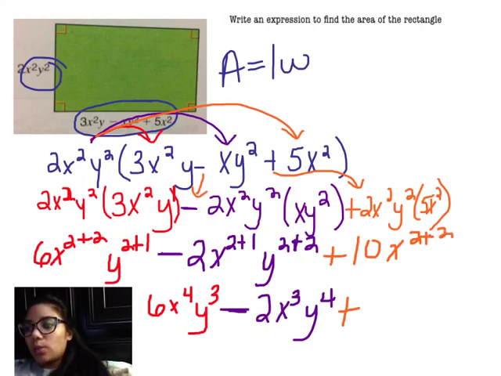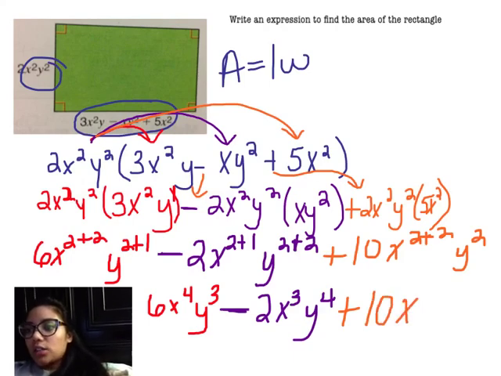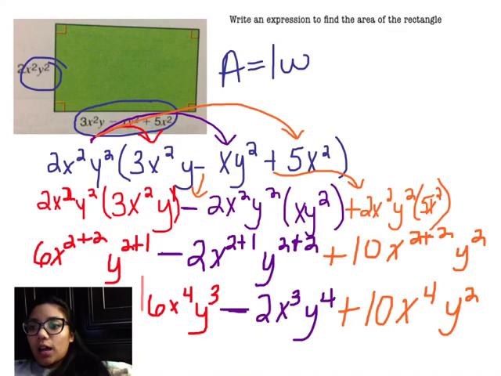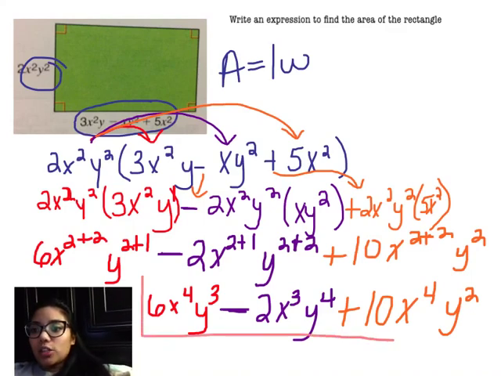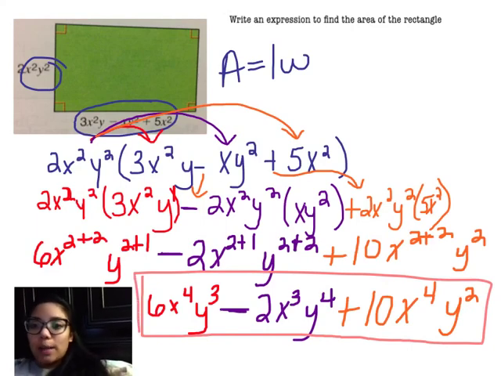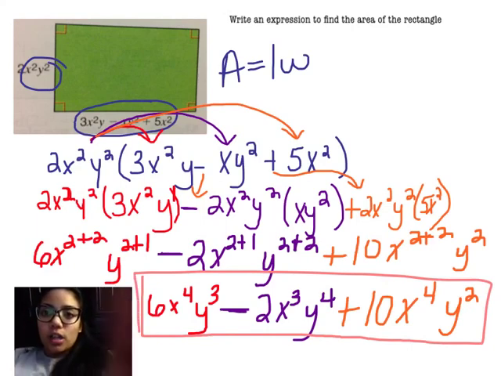And then y squared, because there's no y in the 5x squared. So now I have 10x, 2 plus 2 is 4, y squared. So that is my answer. I can't combine like terms because my x's and y's are not raised to the same exponents.